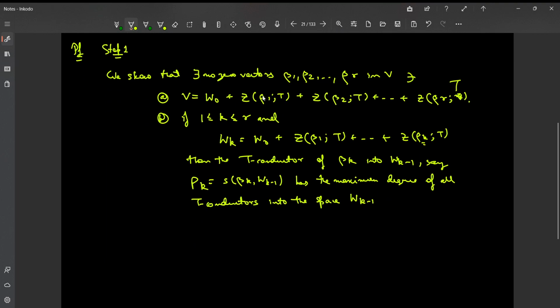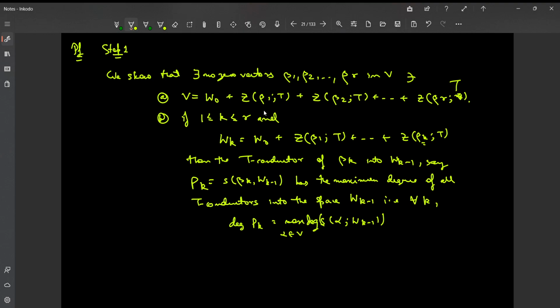Or we can mathematically write it like this, that is, for all k, degree of pk is the maximum of the degree of the T conductors of alpha into Wk minus 1, where alpha ranges over all the vectors in V. Clear? So this is the degree, correct? Okay, so let's see the proof of it.